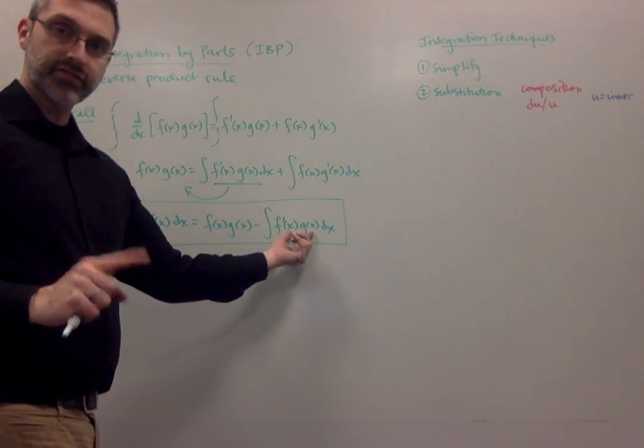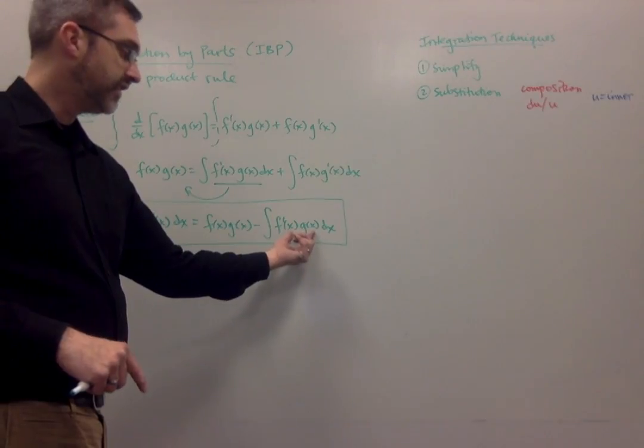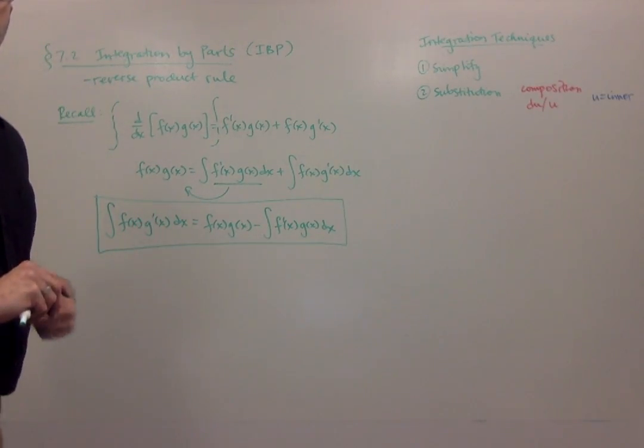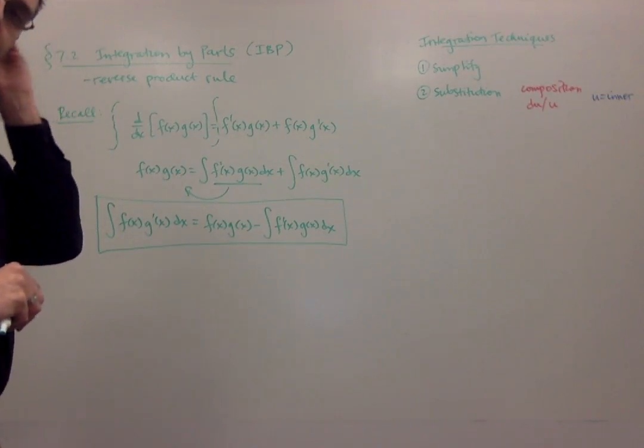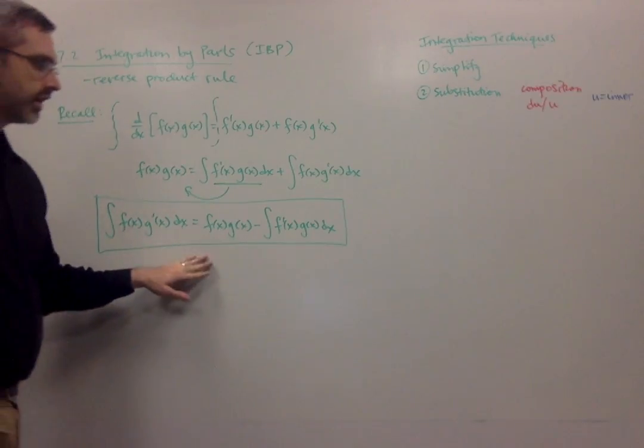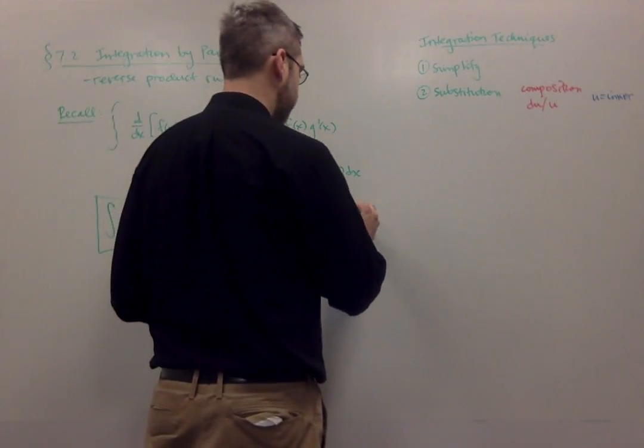And if I do this right, this different product is an easier integral than the original one that I started with. I'll show you what I mean by that later. I'll give you a couple examples, okay? Now this is one notation, so we call this technique integration by parts.